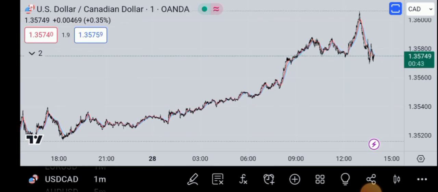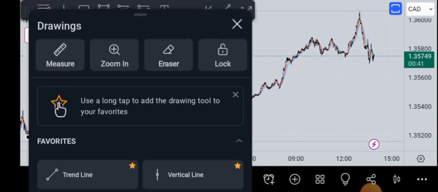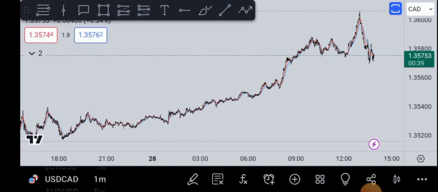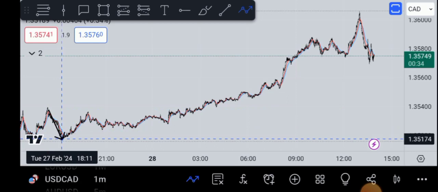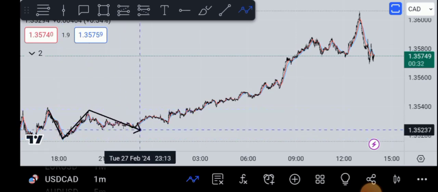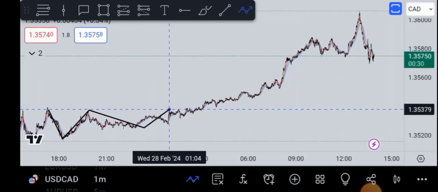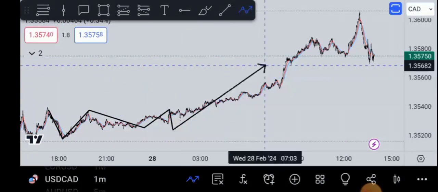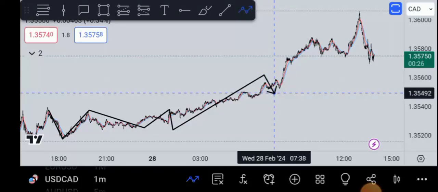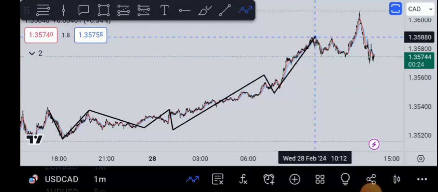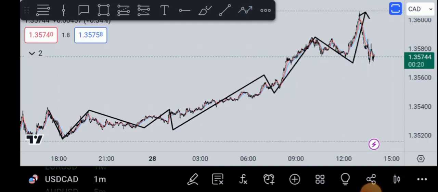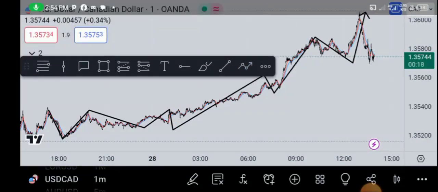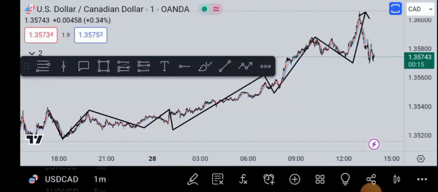Price has been moving on a high scale. From here price moved down, moved up, moved down, moved up. So you can see that this particular price has been buying. And you'd agree with me that in our last video I gave some criteria, some things that you need to look out for.